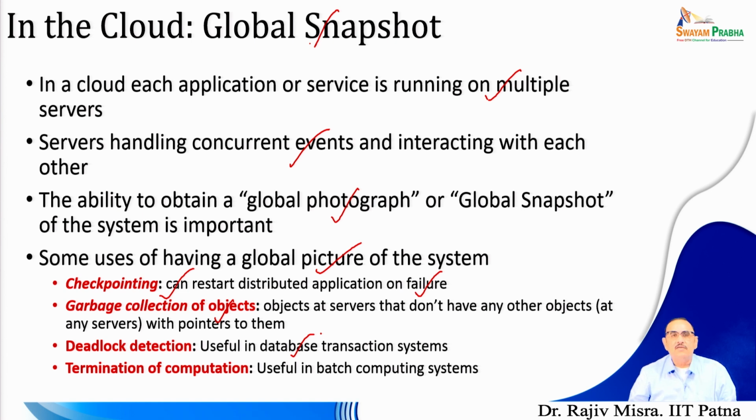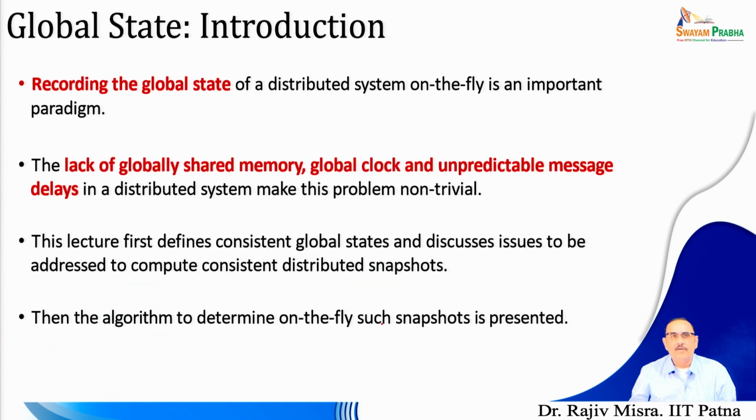So, in a transaction system, deadlock detection is performed with the help of a global snapshot. Then there is termination of a computation in a distributed system, such as an edge or cloud system. It is useful for understanding whether the application has terminated or is still undergoing. So, this also requires a global snapshot.